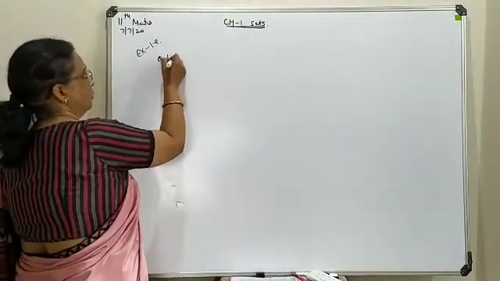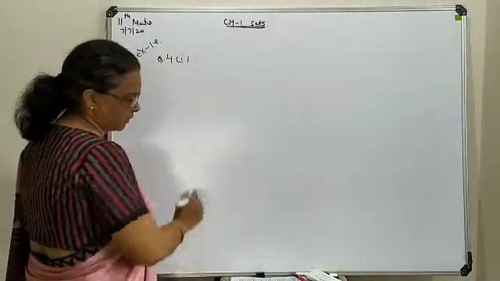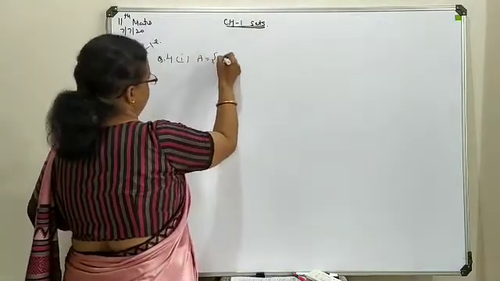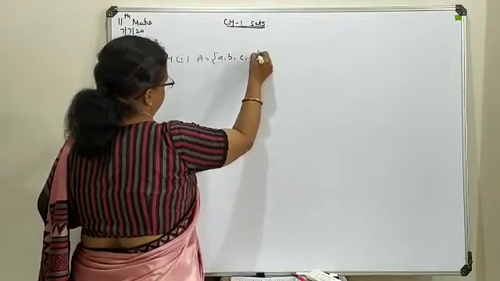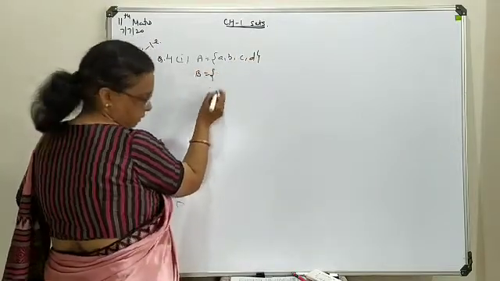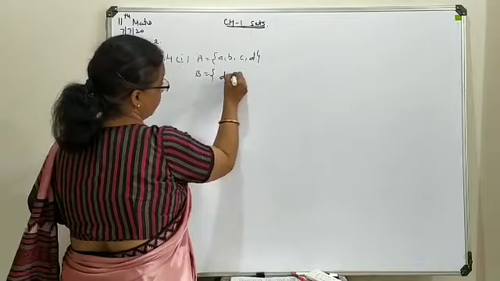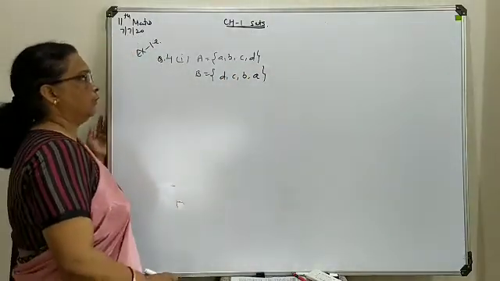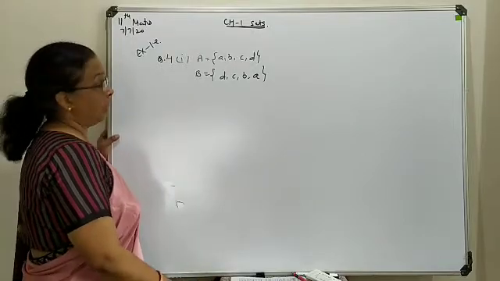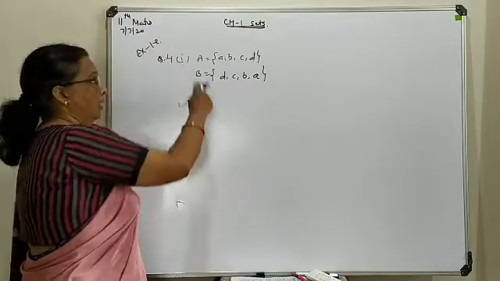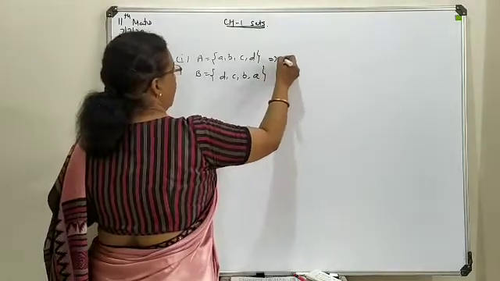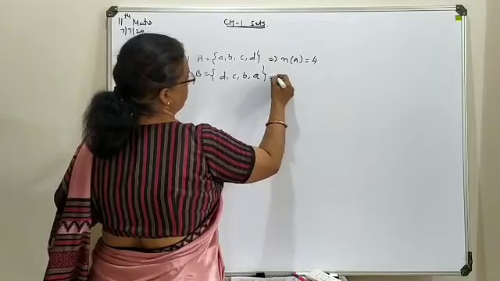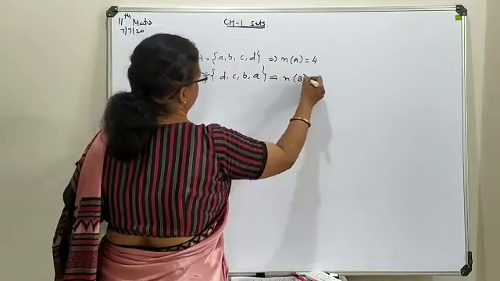In question number 4, look at the first one. In the first one, two sets are available. First one is A, containing the elements A, B, C and D. Second set is available as D, C, B and A. First of all, you have to check whether the number of elements in both sets are the same or not. So here, the number of elements in set A are 4, same as the number of elements in set B, again 4.